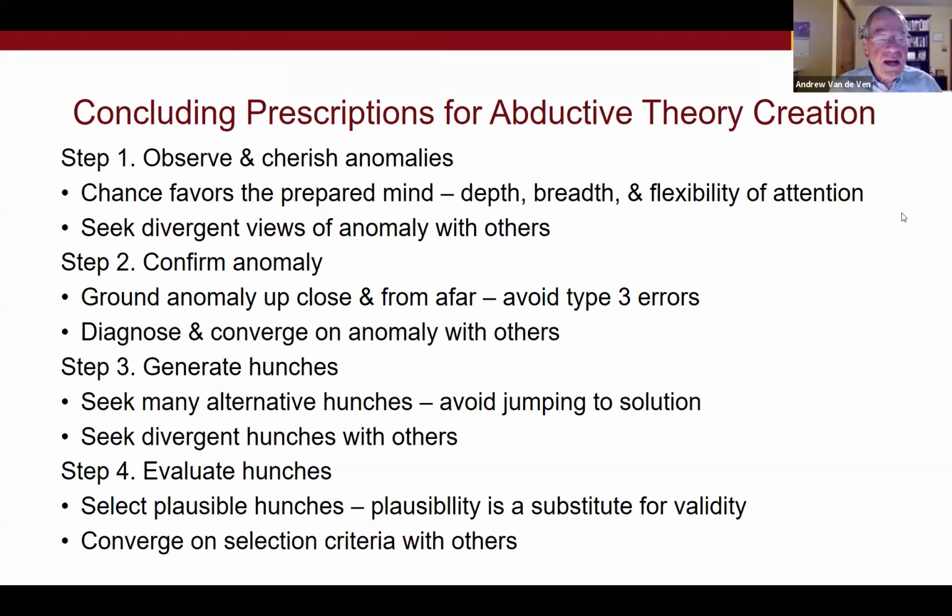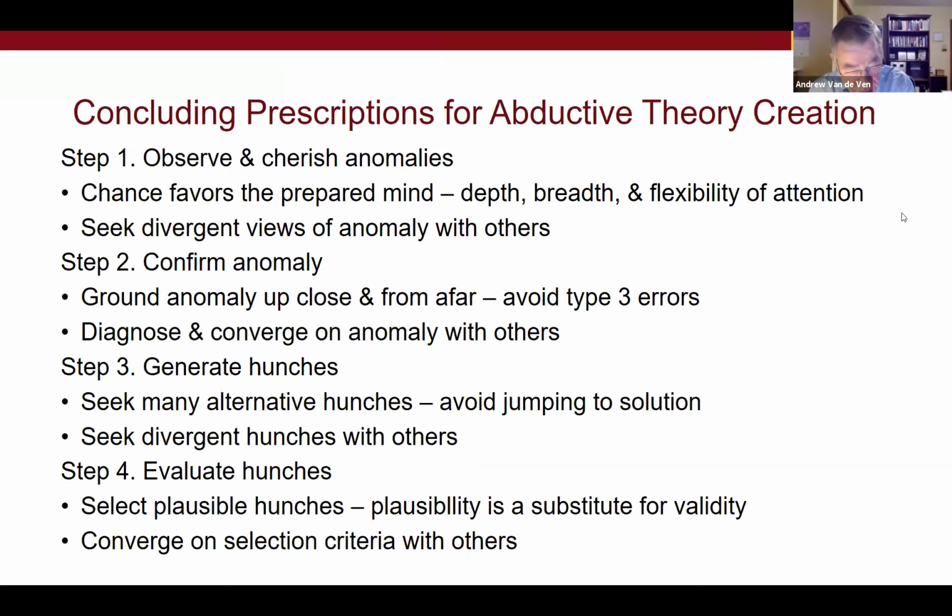They seek divergent views of the anomaly with others, because maybe it's just a figment of my imagination that leads me to say there's an anomaly here. Check it out. Second, confirm the anomaly, grounding the anomaly up close and from afar. And that's to avoid the type 3 error.